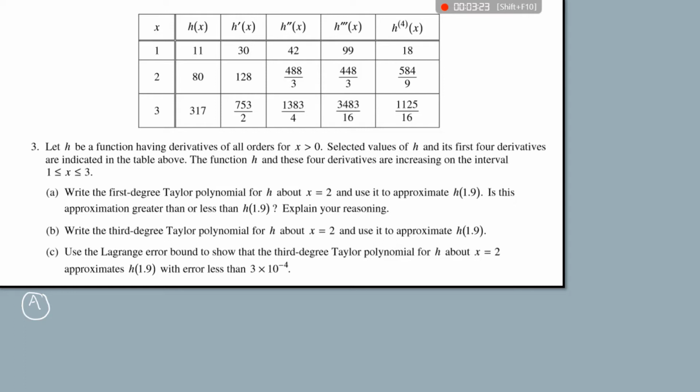Okay, let's start there. So my nth degree polynomial approximation, we've got a first degree polynomial approximation. So n is 1.